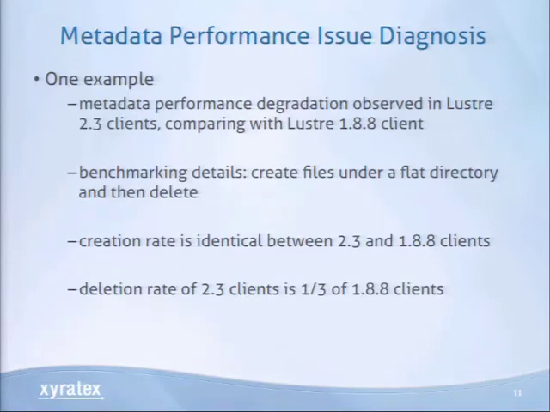And lastly, we'll talk about a case study of a metadata performance issue that happened recently. The problem is that metadata performance degradation was observed in Lustre 2.3 clients compared with 1.8 clients. The benchmark basically creates a bunch of tasks, and those tasks create files under a shared flat directory and then delete them.